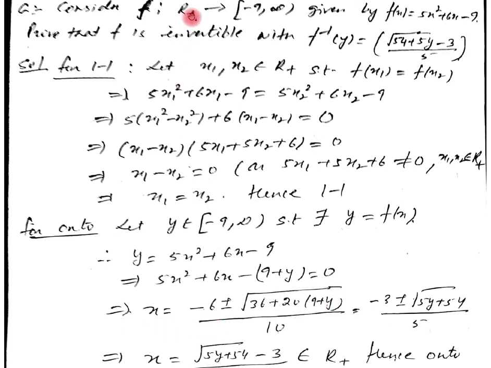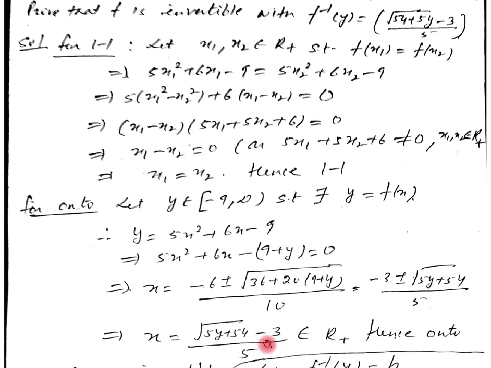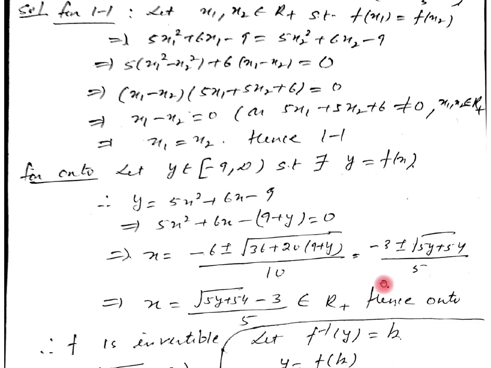Now the domain is R positive, it means the positive real numbers. So x must be equal to minus 3 plus minus root of 5y plus 54, by 5. Now considering only the positive value, we are getting here root of 5y plus 54 minus 3 upon 5. We have to consider only the positive value, that is belonging to R positive.